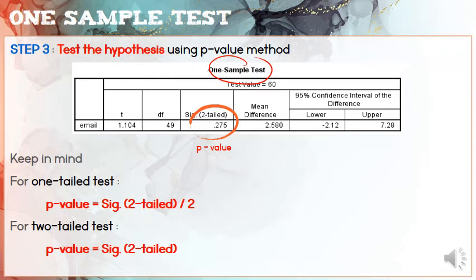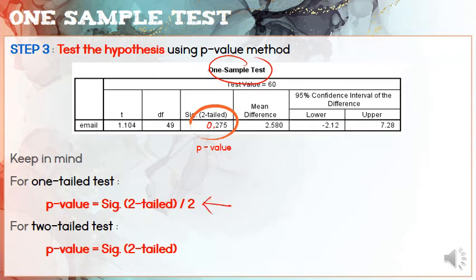So, 0.275 ini adalah p-value untuk 2-tail test. So, kalau you ada 2-tail test, straight away ambil 0.275. But, if awak tengah buat 1-tail test, then the p-value awak kena bahagi dengan 2.